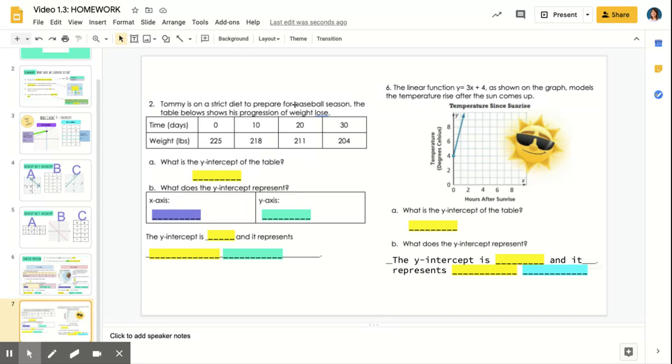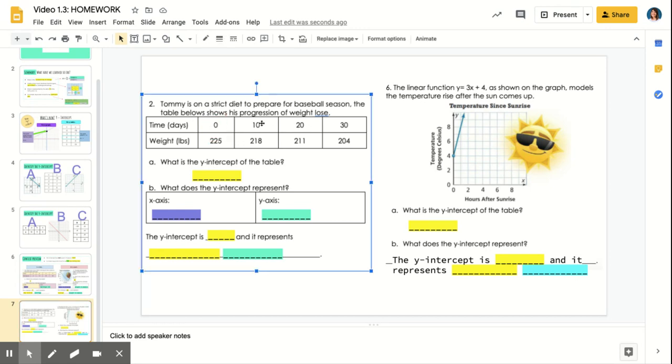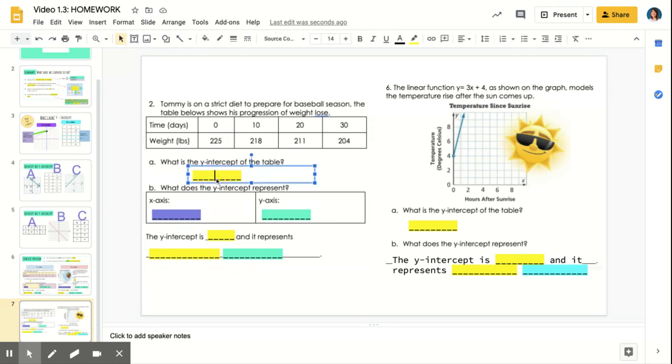Tommy is on a strict diet to prepare for baseball season. The table below shows his progression of his weight loss. Here we go. What is the y-intercept of the table? All right, you're an expert at this. You should have gotten 225. All right, what does our y-intercept represent? Let's first go over our axis. Our x-axis is time in days.